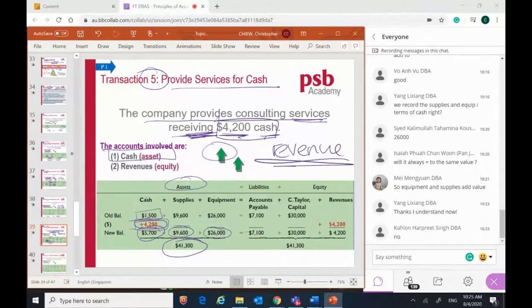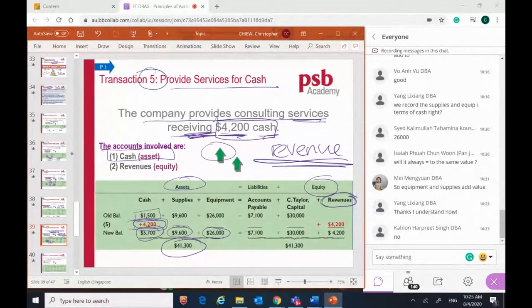Remember this? And revenue goes to who? Revenue will increase the owner's equity. So under owner's equity here, we have another new item here called revenue plus 4,200. Can you see the double effect? Cash plus 4,200, revenue plus 4,200.